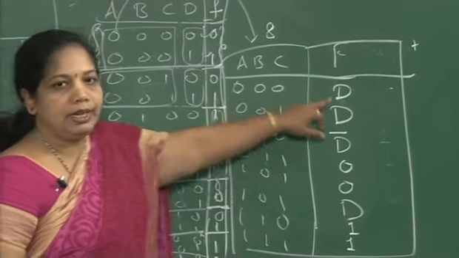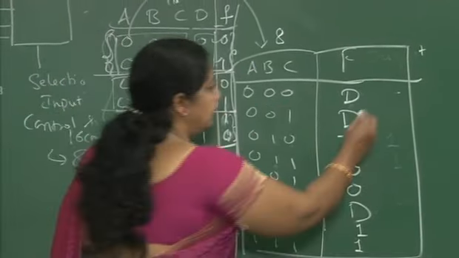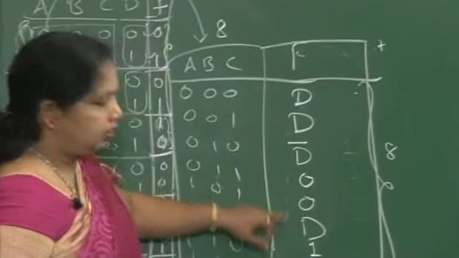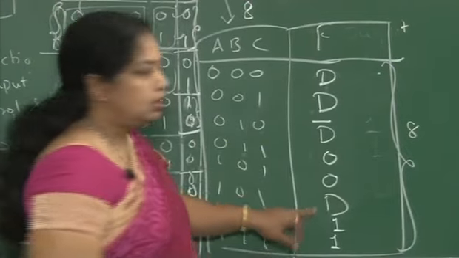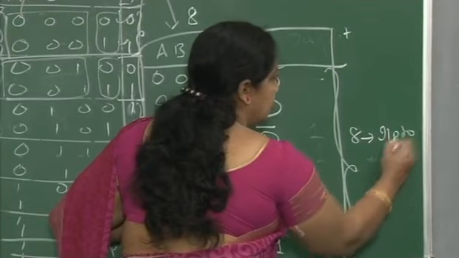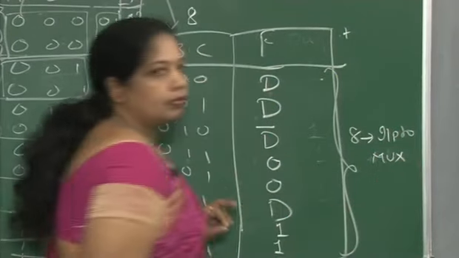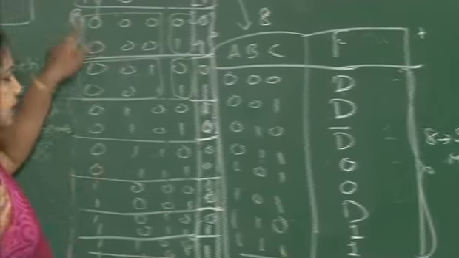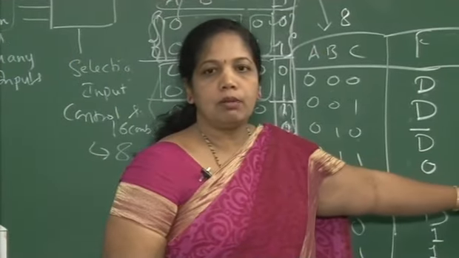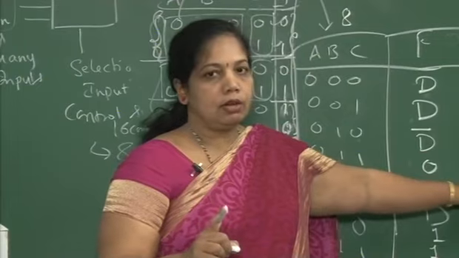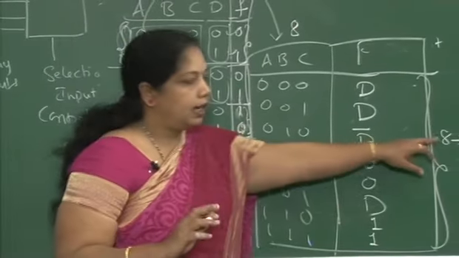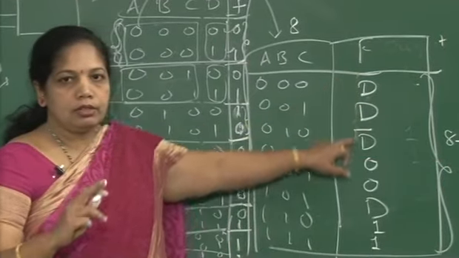So these will be treated as the 8 different combinations. We give these as input to the multiplexer. Of course we had 16, we have reduced it to 8 to give it to an 8:1 mux, since an 8:1 mux has only 8 inputs. So for those 8 inputs I am going to give this function.